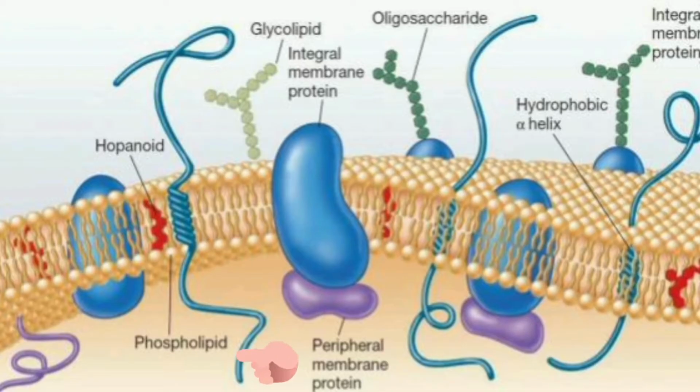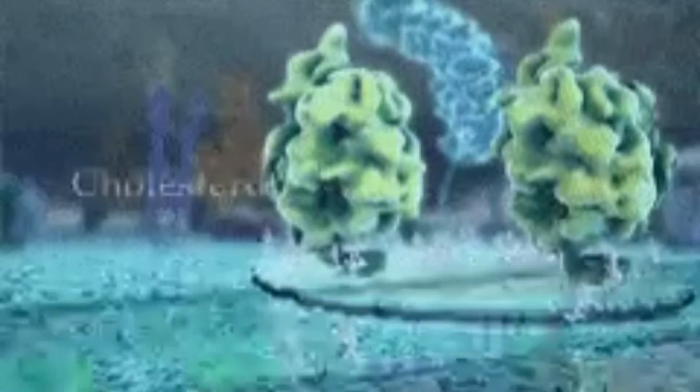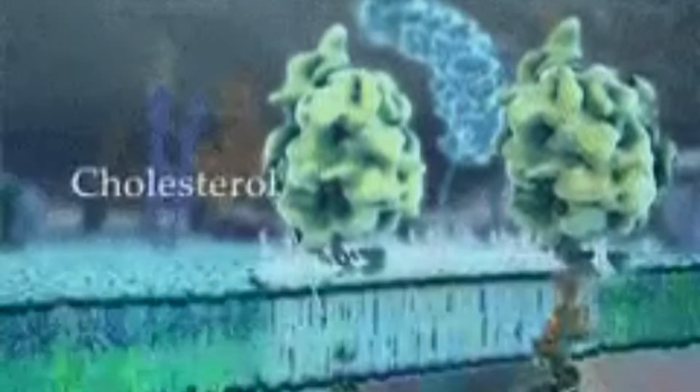The lipid layer consists of phospholipid and constitutes a highly viscous fluid. The intrinsic proteins are found completely inserted in the lipid bilayer, while the extrinsic proteins are found superficially either on the outer surface or on the inner surface of the lipid membrane.